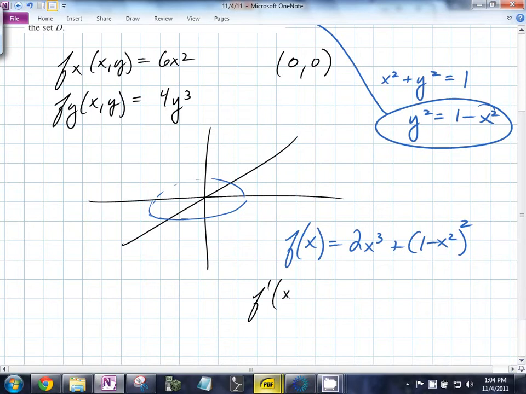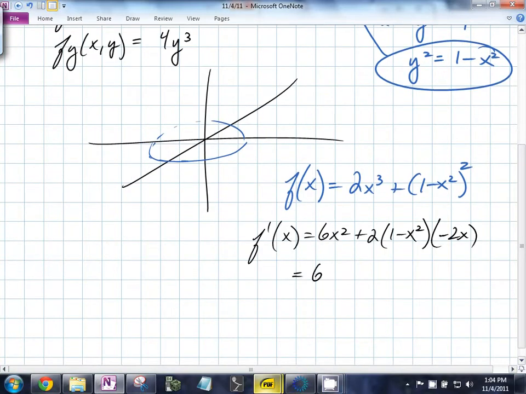F prime of x is going to be 6x squared plus 2 times 1 minus x squared times negative 2x, right? So we end up with 6x squared minus 4x times 1 minus x squared, so 6x squared minus 4x plus 4x cubed.